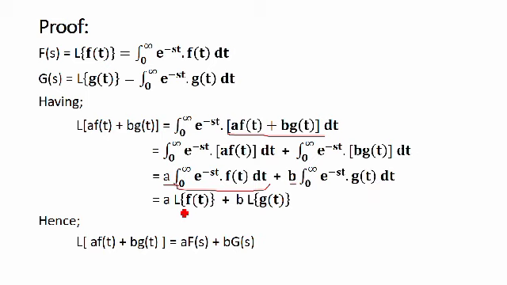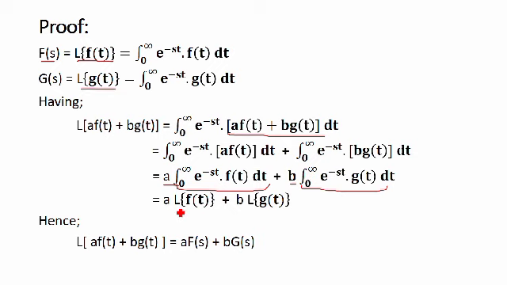So we see that this is equal to the capital F, the Laplace transform of f of t, and this is equal to the Laplace transform of g of t.